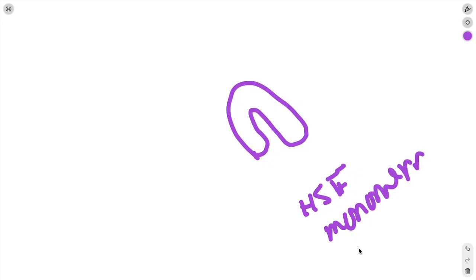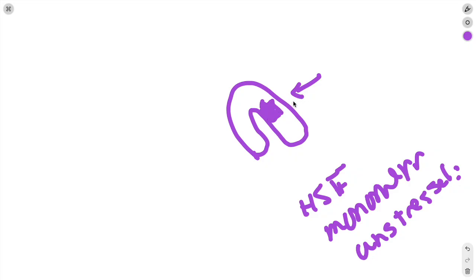And this is an unstressed cell. And what's going on is that this, when it's folded, it's covering up the binding site where the transcription factors would bind together.